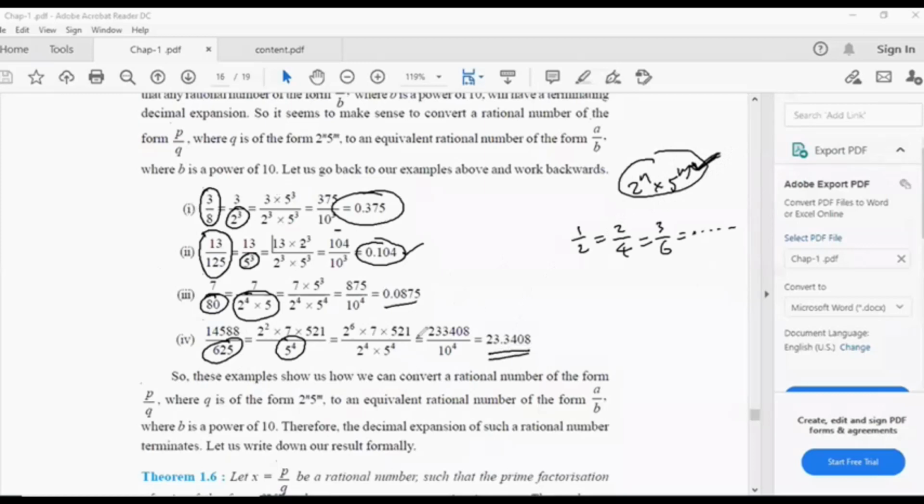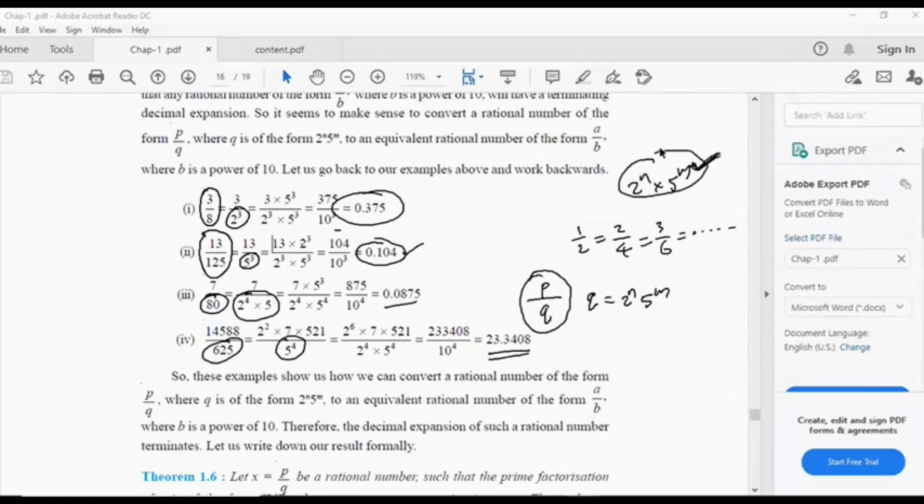So from these examples, we generalize: if a rational number p by q, where p and q are coprime, and q can be written in the form 2 raised to n into 5 raised to m, then the decimal form of this rational number will terminate.